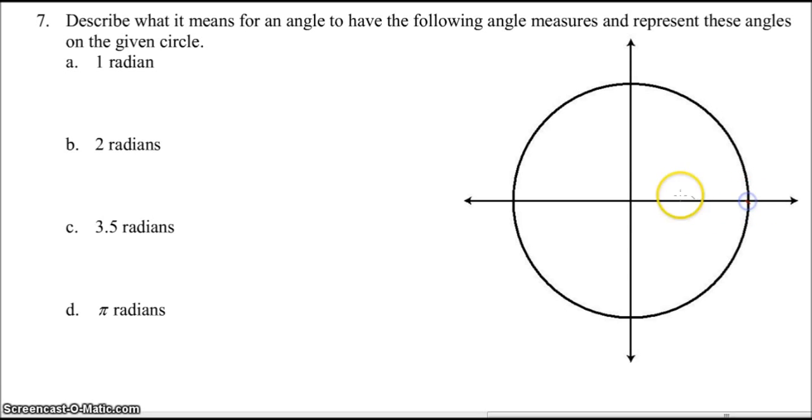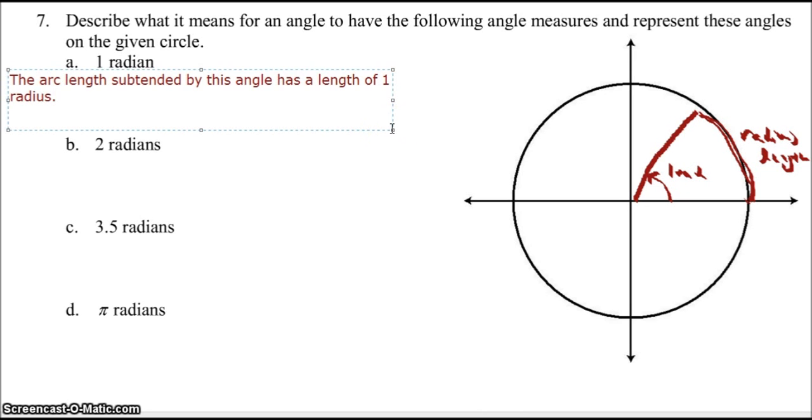If we find that length and then measure the same length here, this length here is equal to the radius, then this angle is equal to 1 radian. So the arc length subtended by this angle has a length of 1 radius.